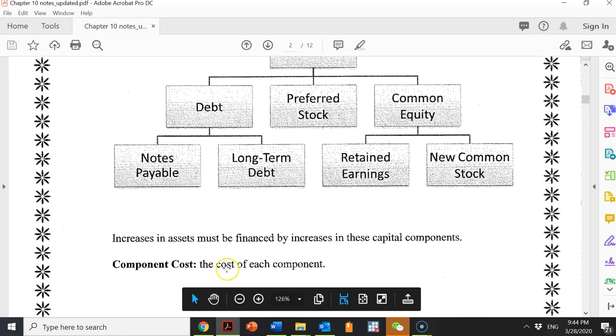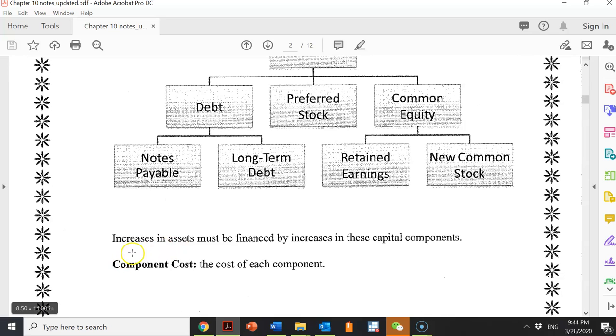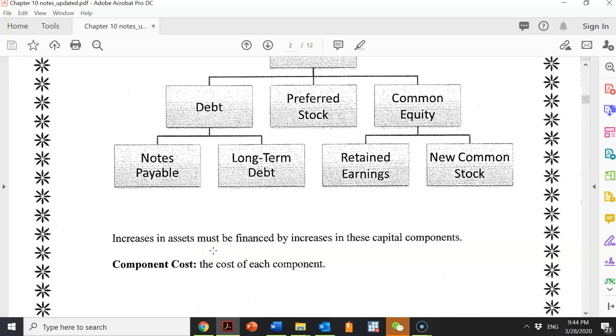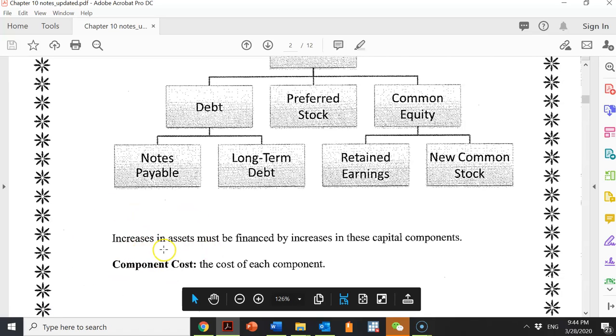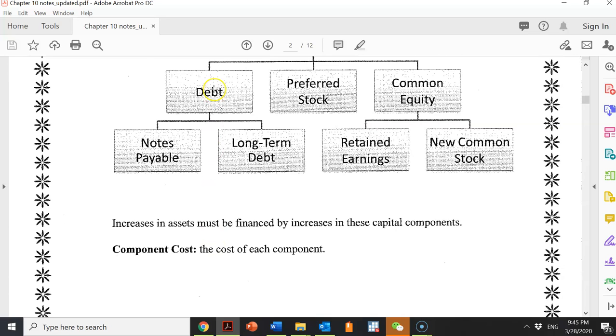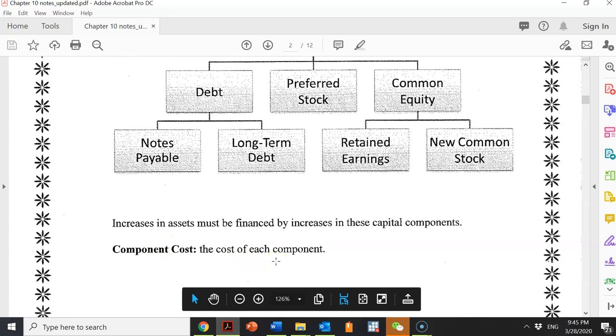You know the accounting equation: assets equals debt plus equity, or debt plus shareholder value. On the left-hand side of the equation, any increase in assets must be financed by something on the right-hand side, either debt or stock, or equity. And we call the cost for each one the capital component cost.